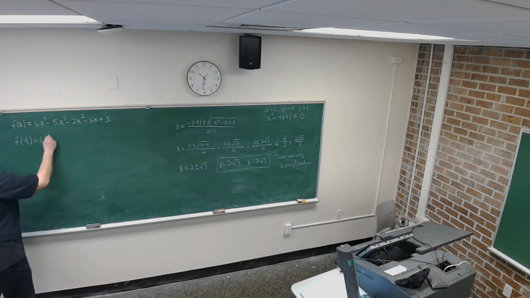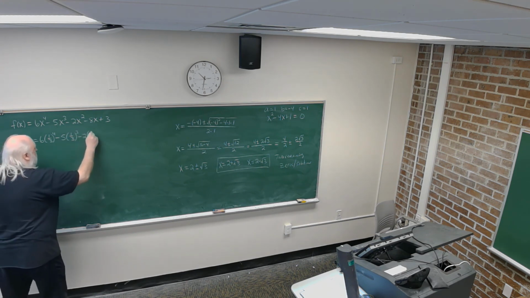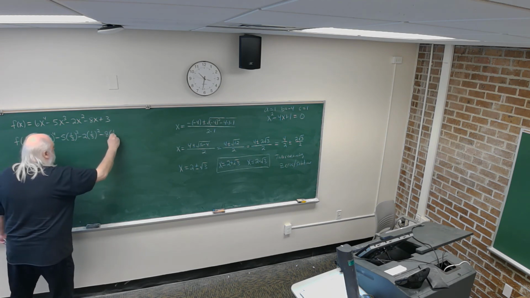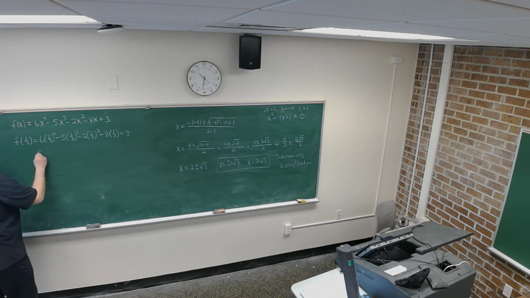So we have 6 times 1/3 to the 4th minus 5 times 1/3 cubed minus 2 times 1/3 squared minus 8 times 1/3 plus 3. And when you do that arithmetic, you get 0.